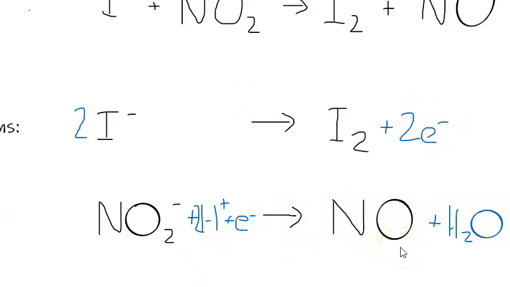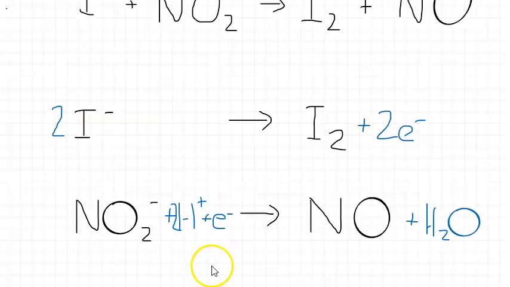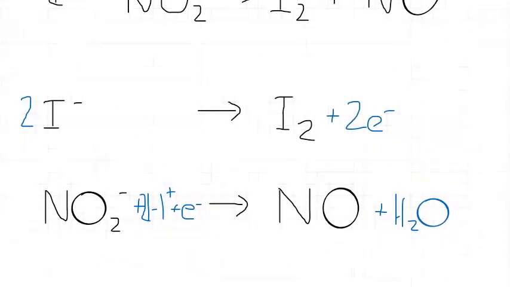We need to add them together. Looking at our second step, we need to multiply these half equations by an integer that will allow the electrons to equal the same number. I can multiply this by 1, so effectively keep that the same.